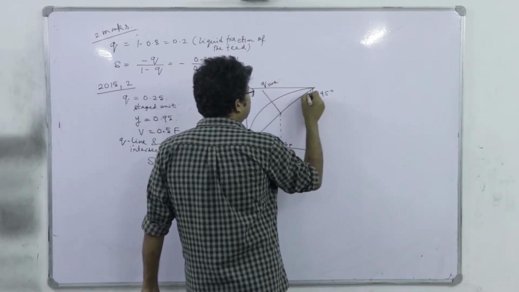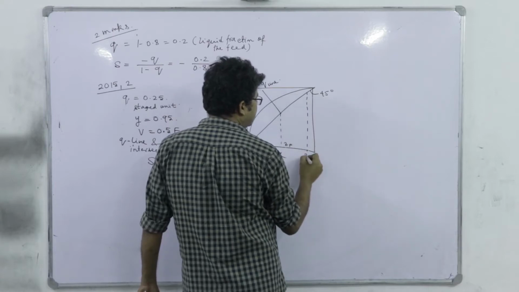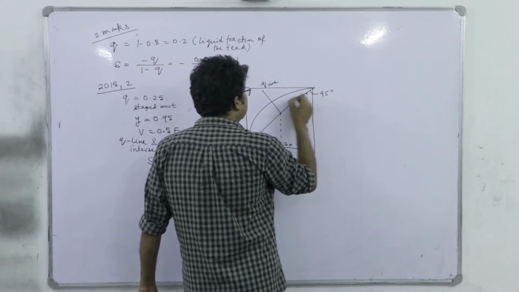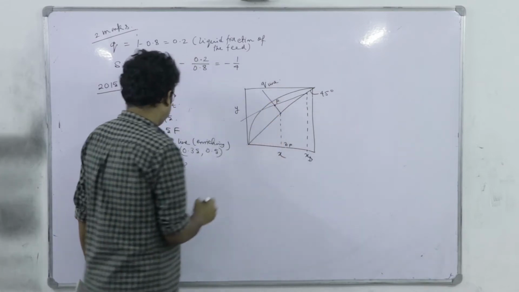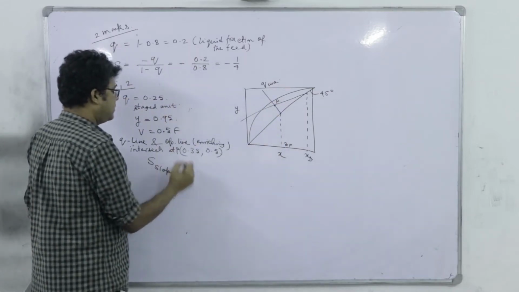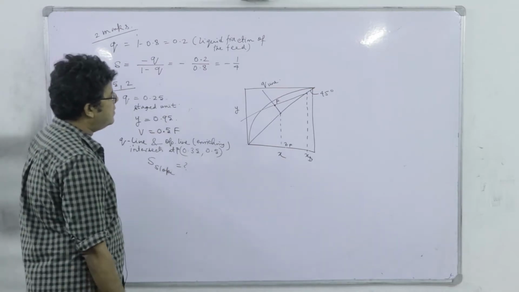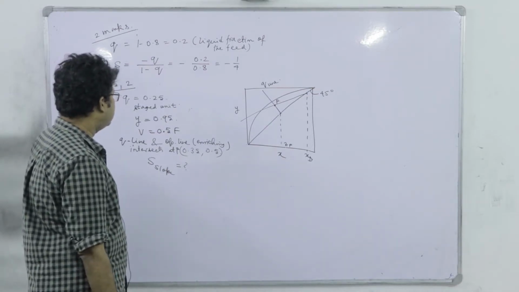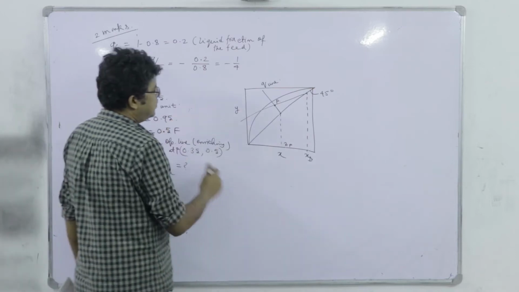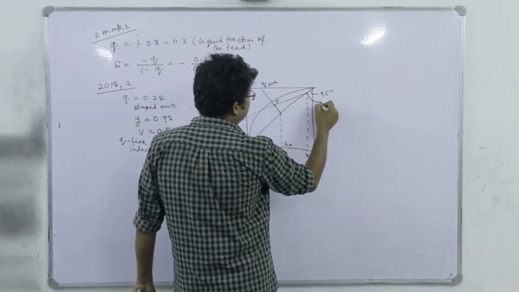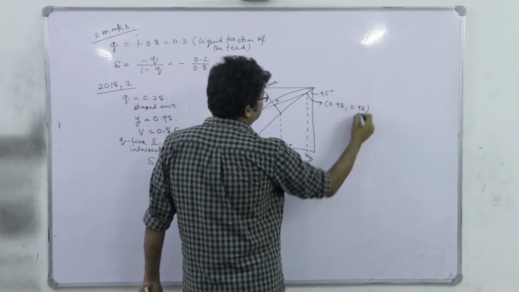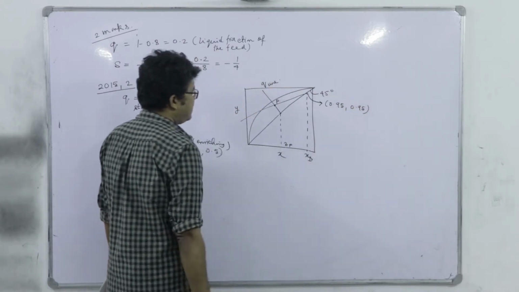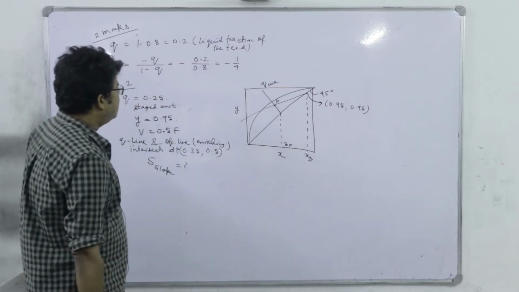An operating line here is this XD, and this intersects at the point P, right. And y is equal to 0.95. So, this coordinate is 0.95, 0.95.